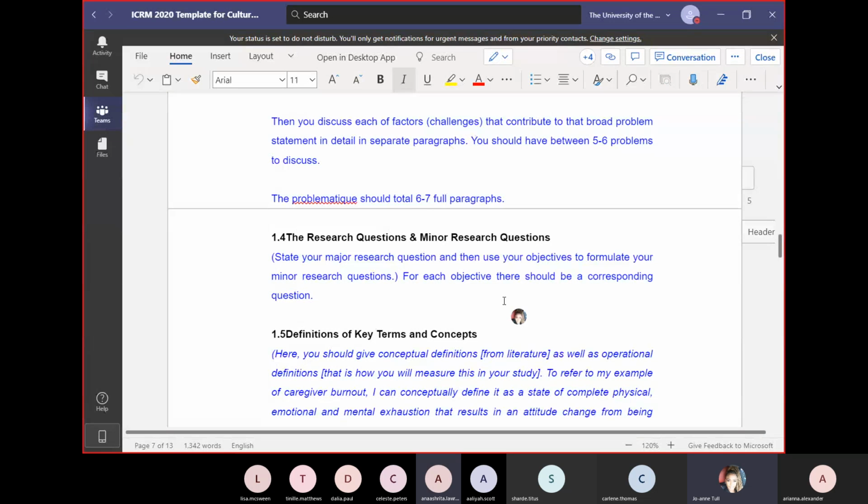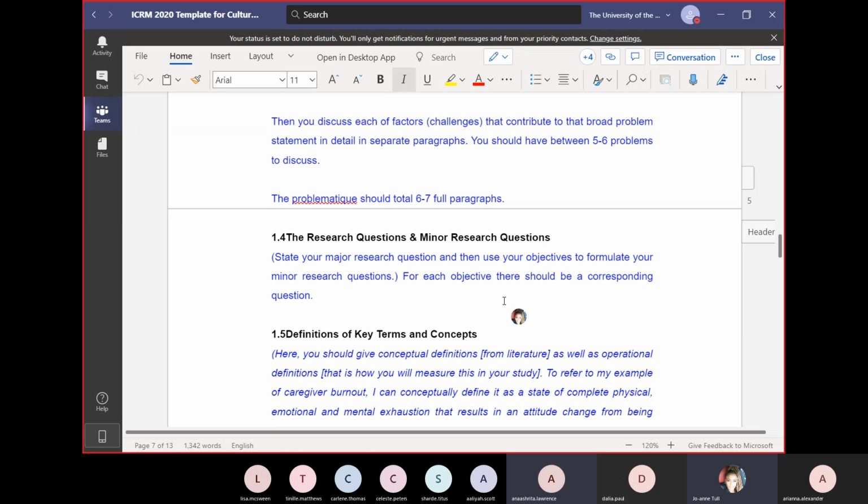Where do you think the major research question could come from? Tanila is saying tutorial sheet. That's problematic. No. Could it be the overarching aim?